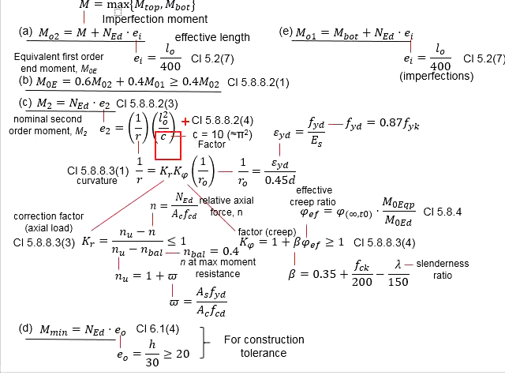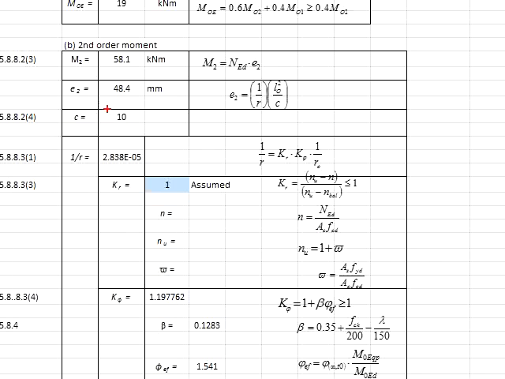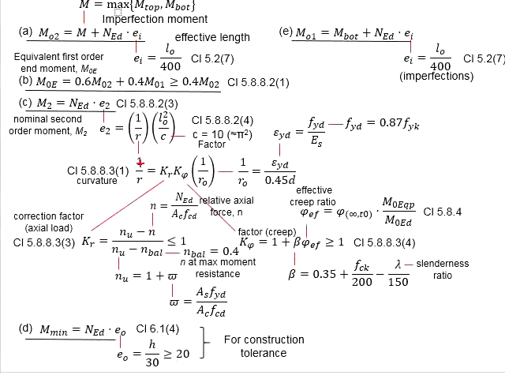C is given to be equal to 10 as a factor. Therefore, you have C equals to 10 here. Now you need to determine 1 per r, which is the function of curvature. It constitutes the Kr and K dot, as well as 1 per r naught.